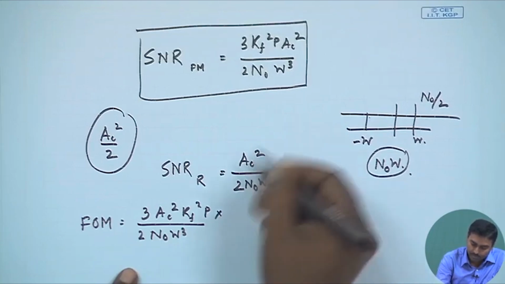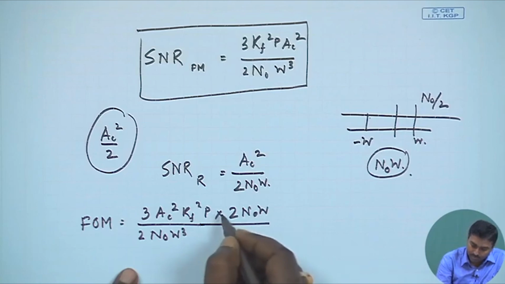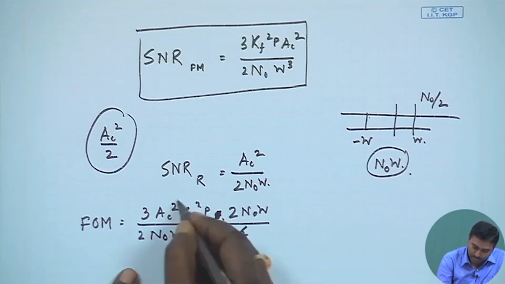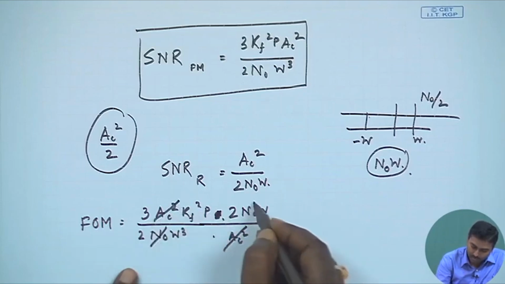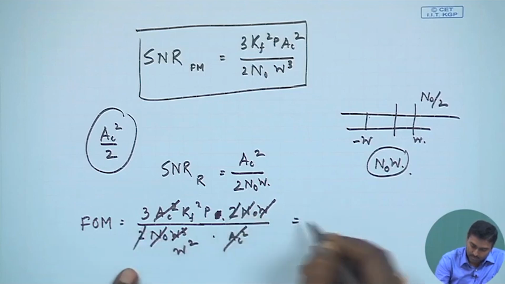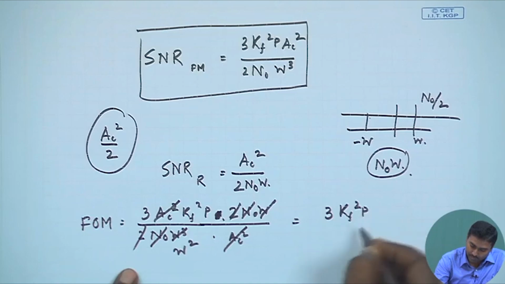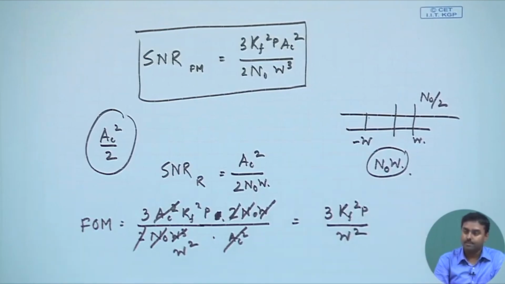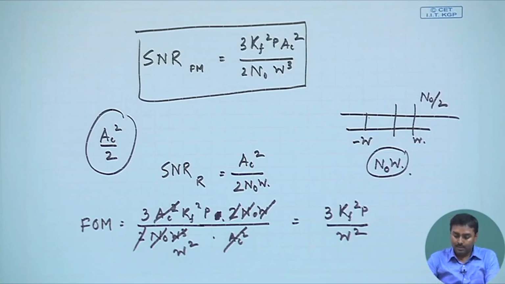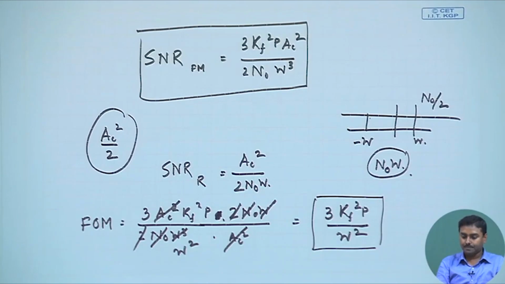So, this particular term goes up, 2 N0 W divided by A_c square, that is the multiplication part. So, A_c square gets cancelled, N0 gets cancelled, one W gets cancelled, 2 gets cancelled. So, we are left with 3 Kf square P divided by W square. Okay. That is the figure of merit.